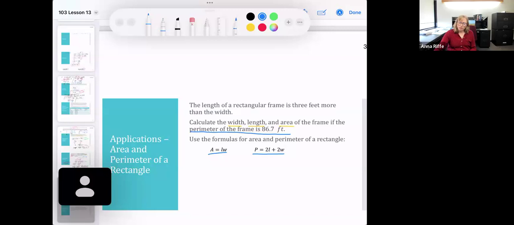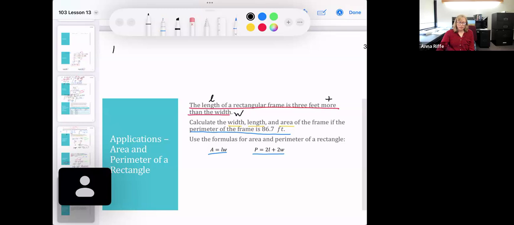So we've got that. And then we have this one statement at the beginning. The length of a rectangular frame is 3 feet more than the width. You might be able to pick out some key terms here. For example, more than indicates addition, just from that chart, you can say that. But you can also do a little bit of trial and error to figure out how the length L and the width W are related.